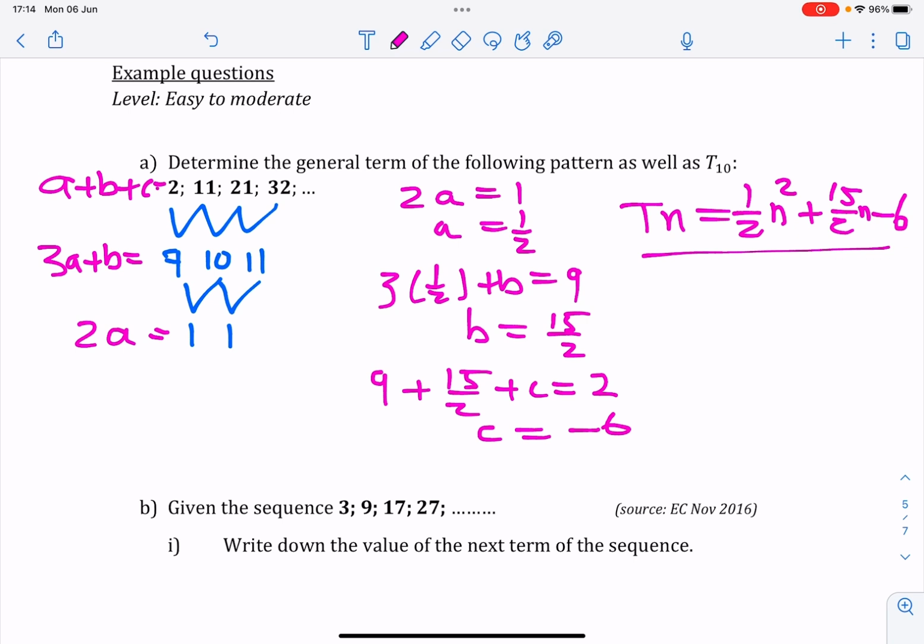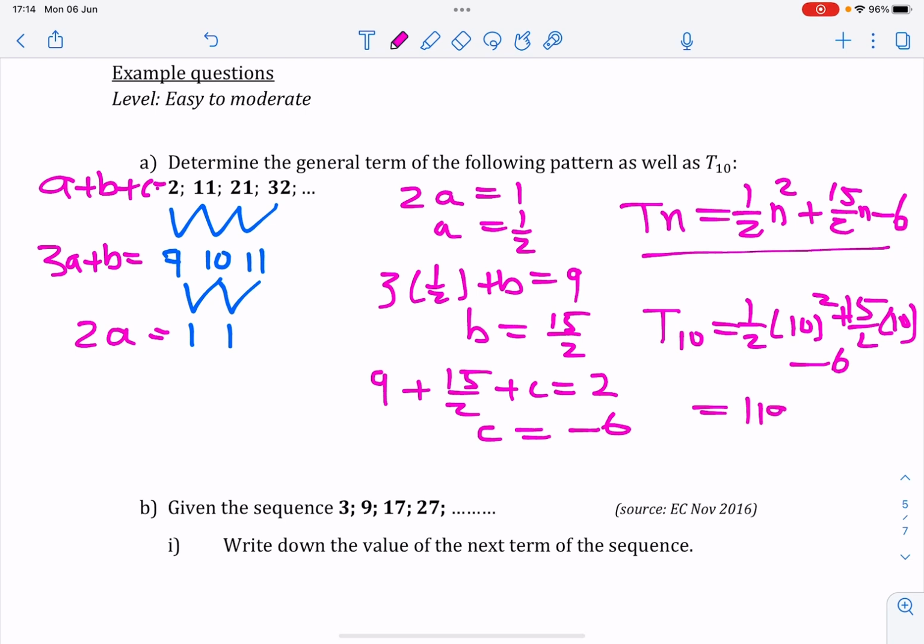To get T10, you just sub in a 10 in a bracket. A half 10 squared plus 15 over 2 times 10 minus 6. And you can do that on your calculator. And you should get an answer of 119.